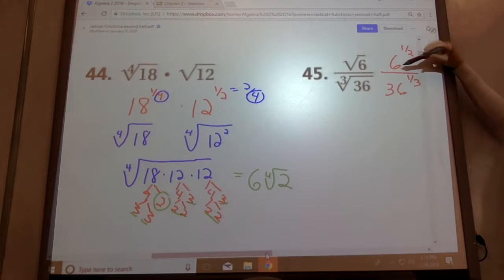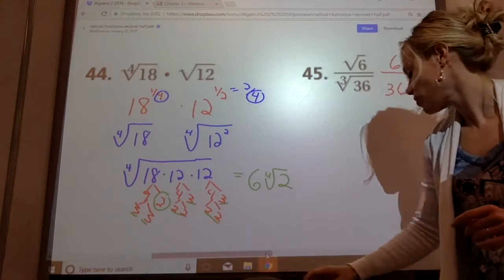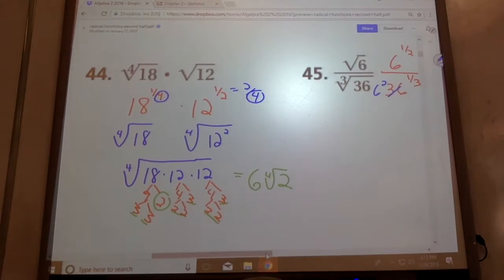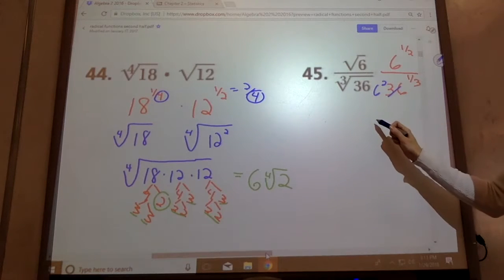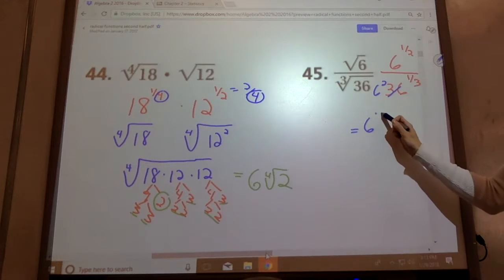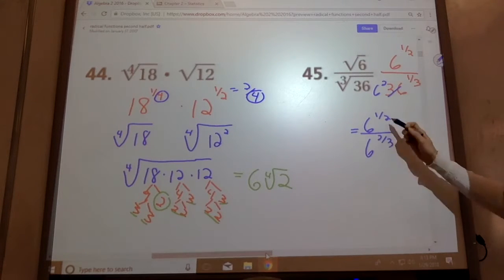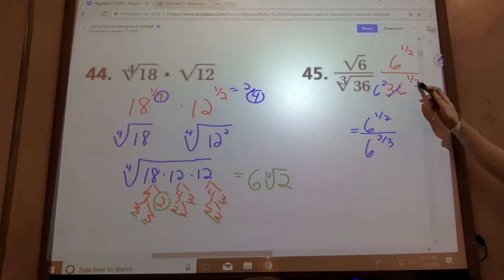How would I make 6 and 36 into the same base? I can write 36 as 6 squared, right? So the top would be 6 to the 1/2, but now the bottom would become 6 to the 2/3, because 2 times 1/3 is 2/3.